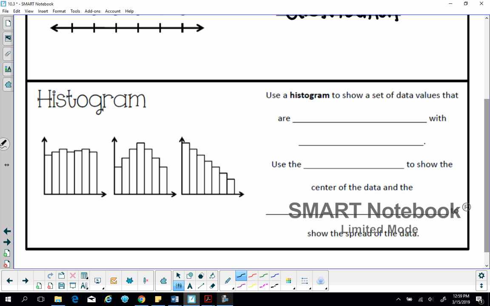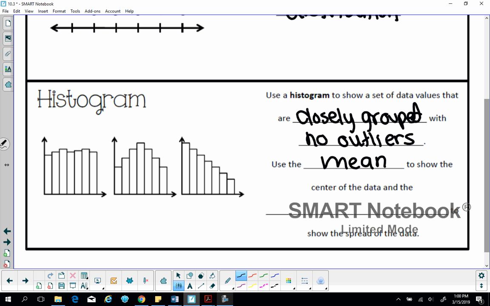So histograms are to show a set of data values that are closely grouped, shift to the left, with no outliers. Use the mean to show the center of the data and the standard deviation, which you don't really need to worry about, to show the spread. So you're just filling in these notes.